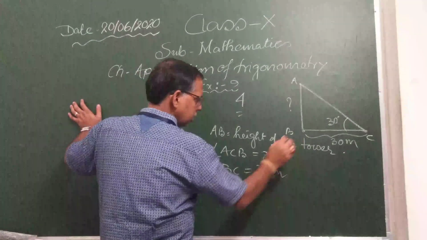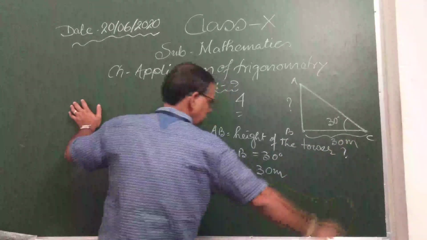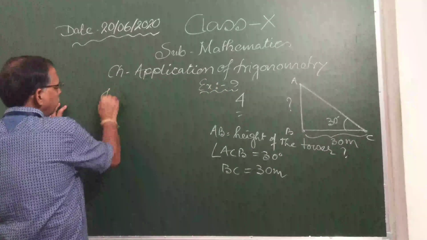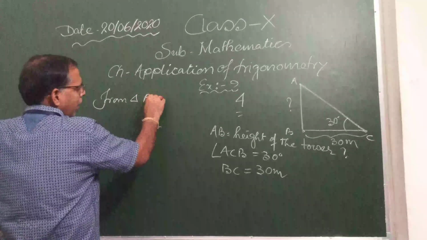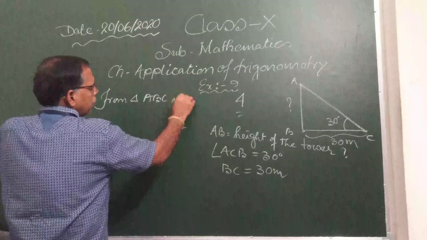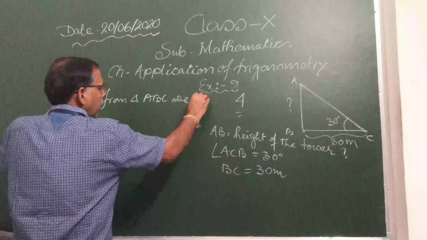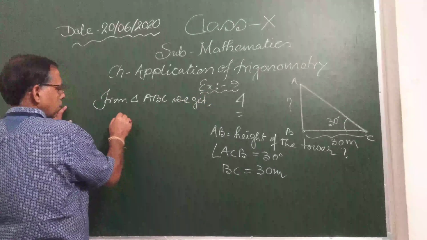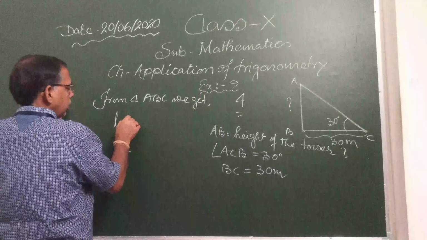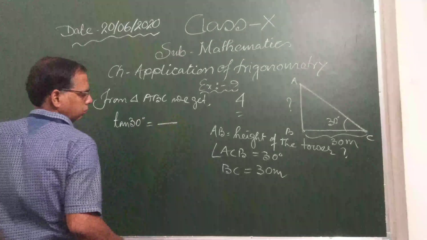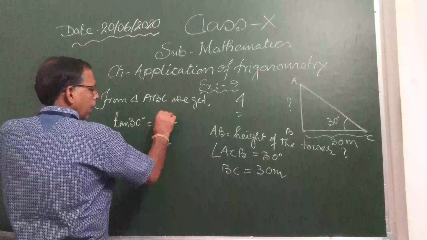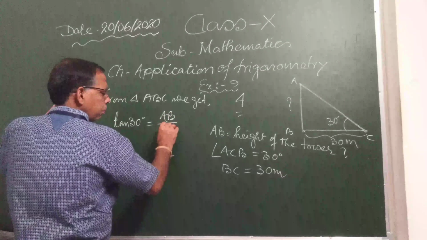AB is the question mark we have to find out. From triangle ABC we get tan 30 degree equal to AB by BC.